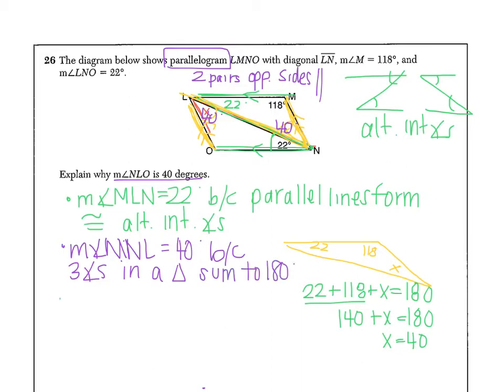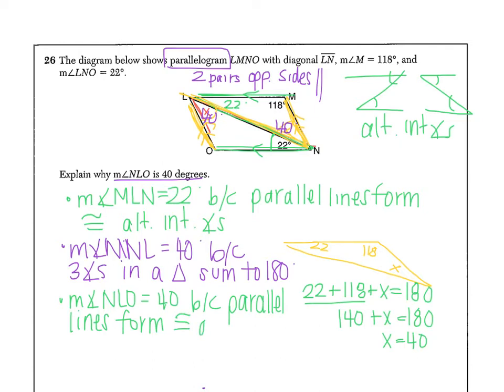Then we can talk about the measure of angle NLO equals 40 because parallel lines form congruent alternate interior angles. Again, we found that Z there in yellow.